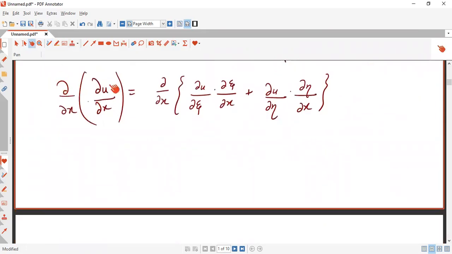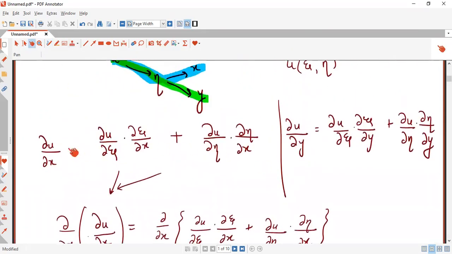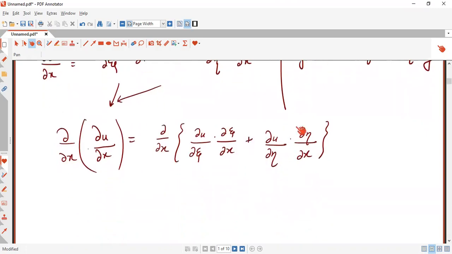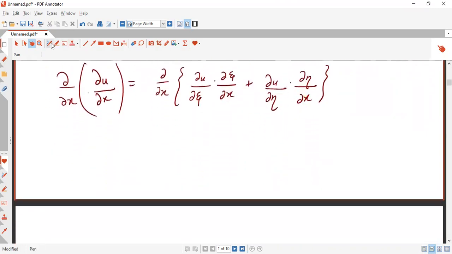I'm doing this. You will differentiate del u by del x with respect to y, this with respect to y, and with respect to x. These three you will do. Okay. I'm just showing it over here, how you're going to use it. So you have to differentiate this whole by del x. Let's first talk about this. I know this del u by del xi is a function of xi and eta, and is a function of x and y, correct?